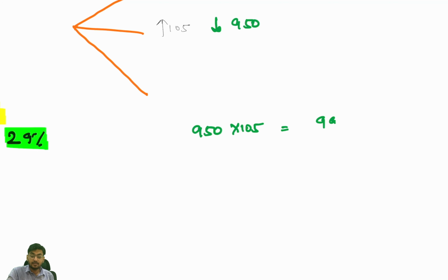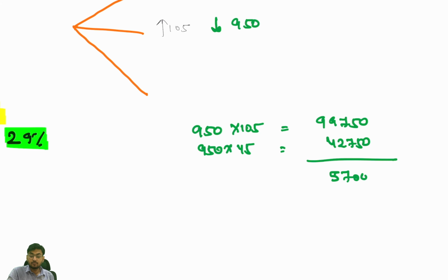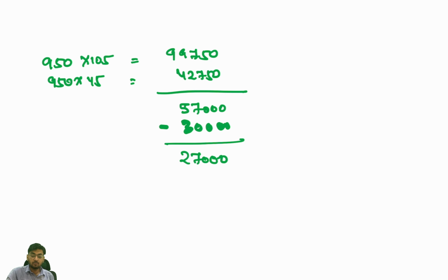So 99,750. Cost of goods sold 950 at what price? 45. 42,750. Then 57,000. 30,000 for selling and administrative expenses. 27,000. Clear? So now what are your gross margin and your operating margin?